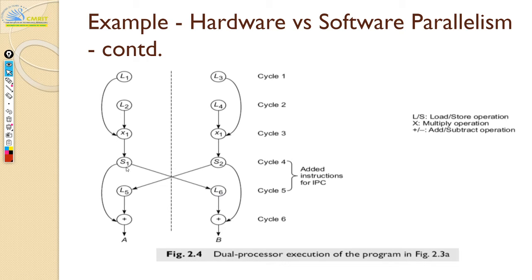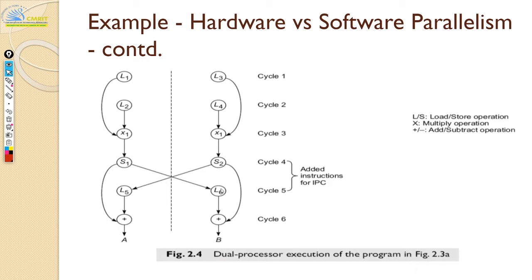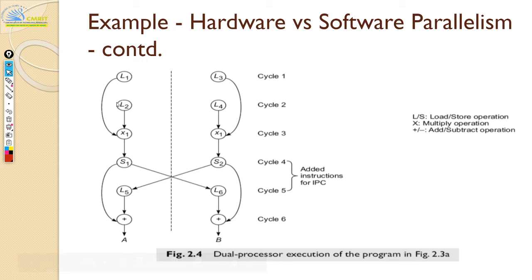Okay, so here your S1 is from A, right? S1 has to send the data to your B, so it has to wait. So there has to be inter-processor communication, and this is very expensive. Okay, so whatever happens within a processor is actually fast, and when you have to communicate across, it takes some time. So you need to minimize this communication also. So that's also a key point.